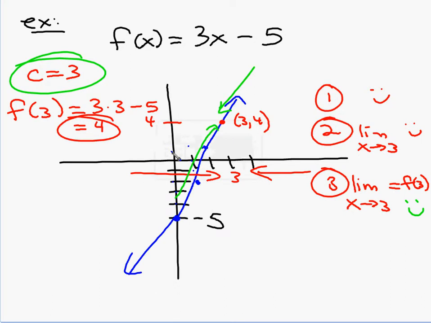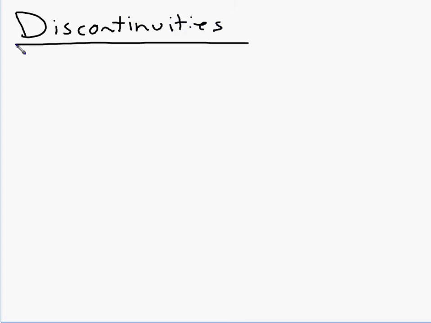All right, let's keep going. I want to talk about several kinds of discontinuities. Sometimes it's more helpful to understand what a continuous function is by looking at what a continuous function is not.